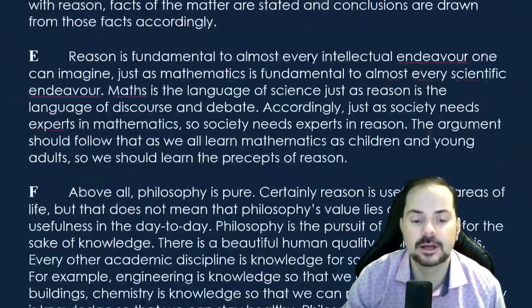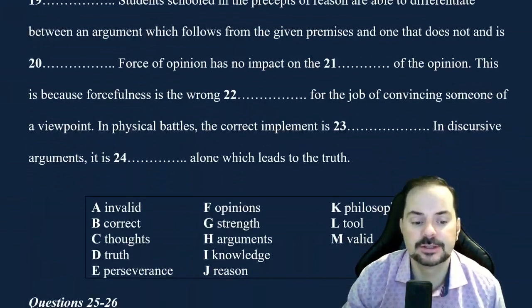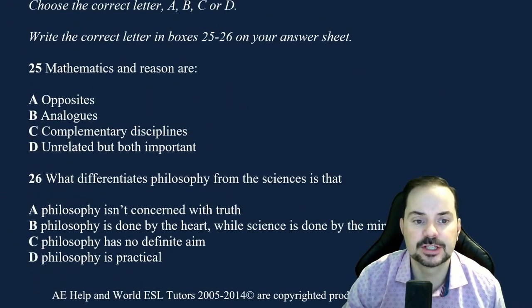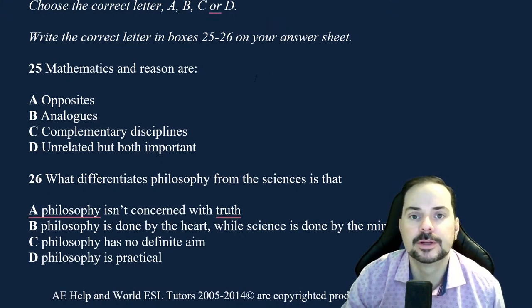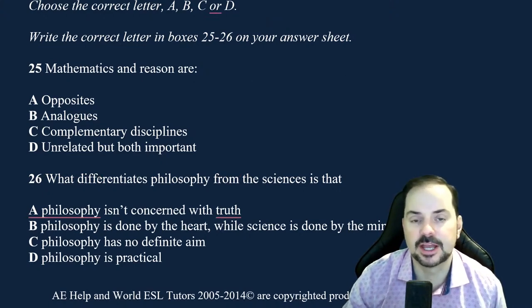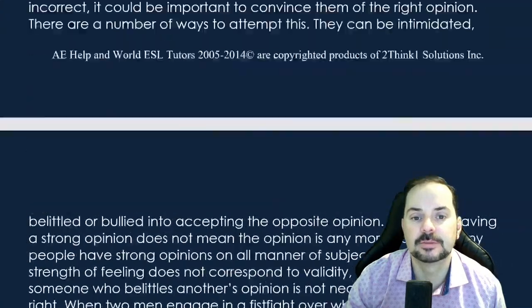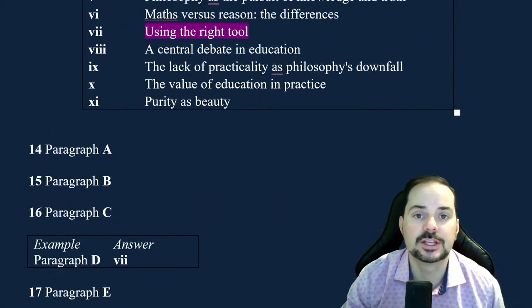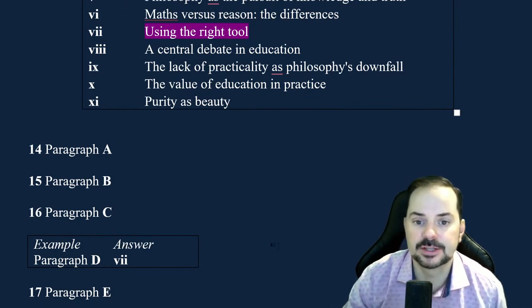And then in the questions at the end, let's say there's a question which, hypothetically, says something like, the best tool for an argument is, and then A, B, C, D. Well, you know that, oh, okay, here I learned from the list of headings that that's paragraph C, so I can quickly check that to make sure I have the right answer, okay?